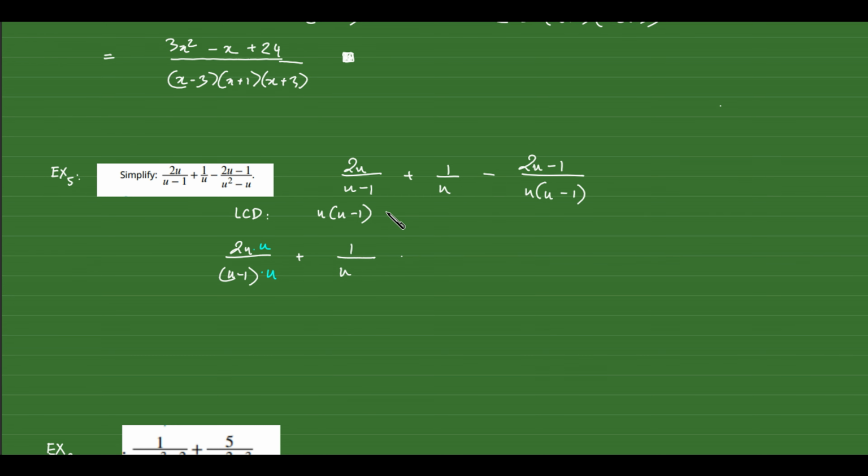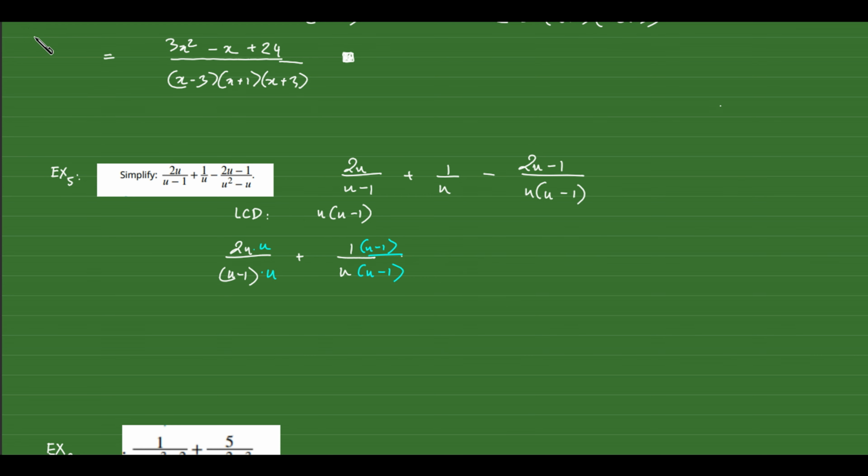I compare between the denominator and the LCD, so you multiply the top and the bottom by u minus 1. In order to know what to multiply, you compare the denominator with the LCD. That's why the LCD is so important, because if you get a wrong LCD, then you compare wrong, and you don't know what you should multiply the top and the bottom by.